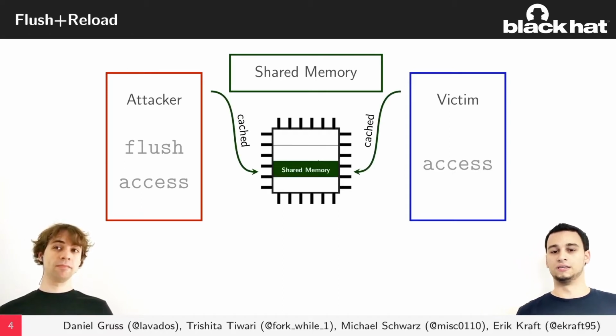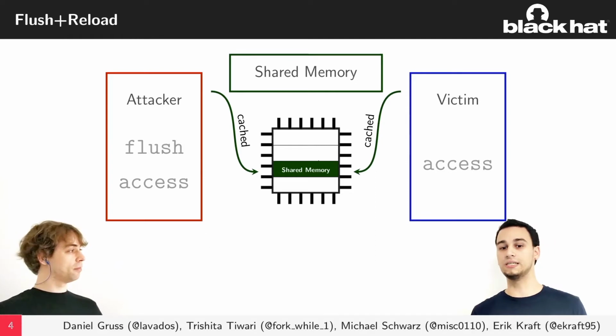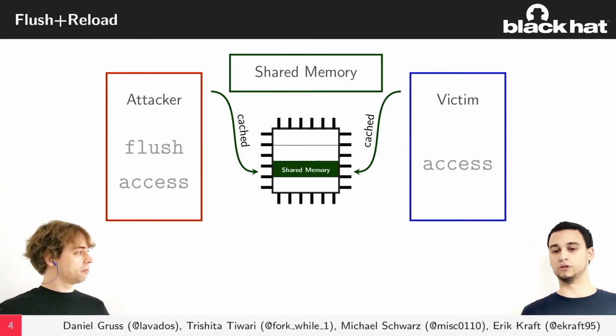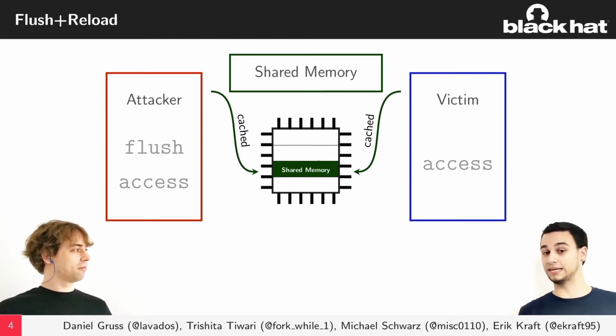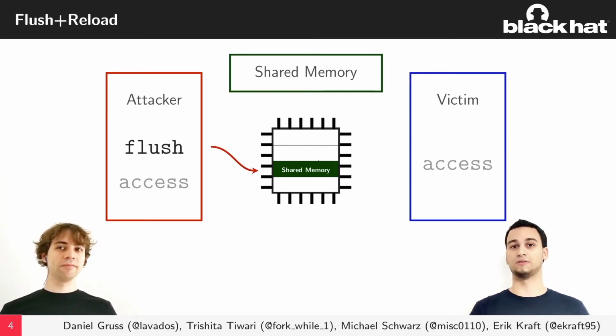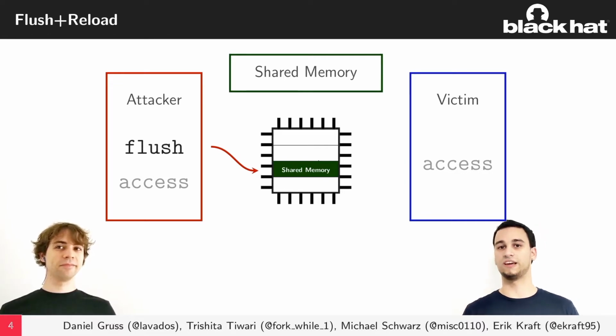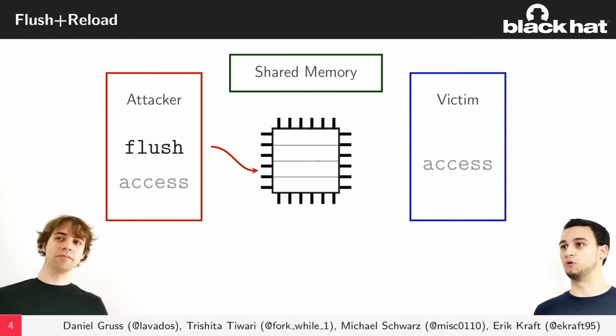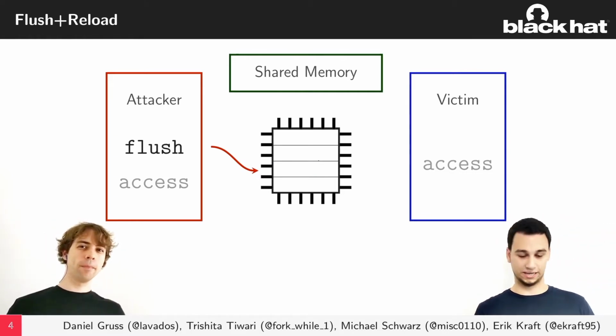Now, if the attacker or the victim accesses the shared memory, it doesn't matter who does it, it ends up in the cache. Transparently, no one does anything actively there, it just ends up there. Now, if the attacker flushes something from the cache, so removes this copy, then it's also gone for both the attacker and the victim application.